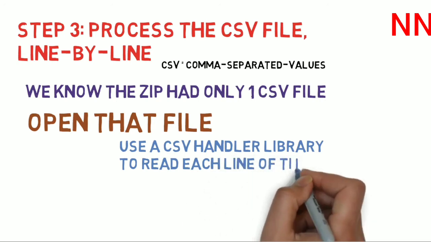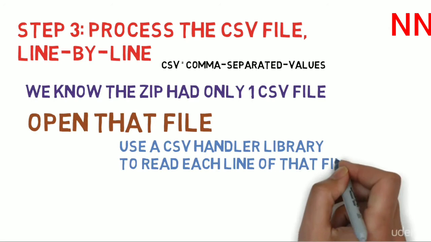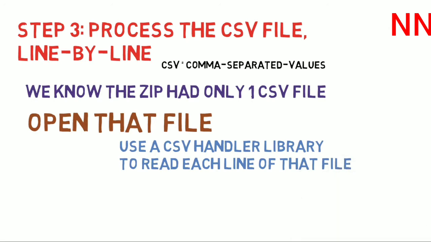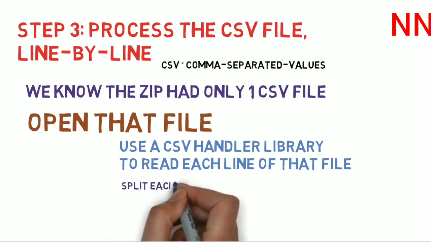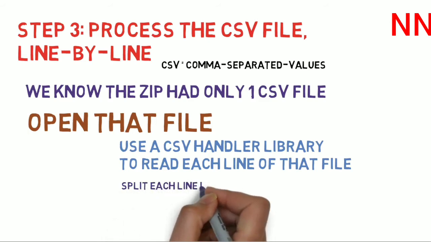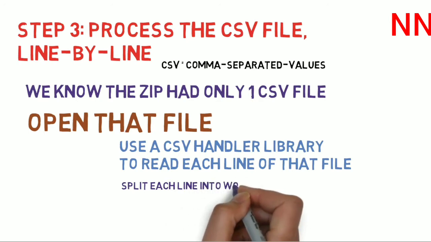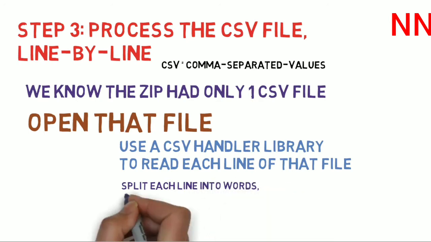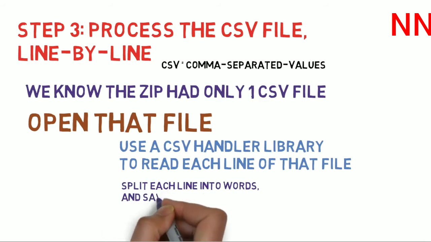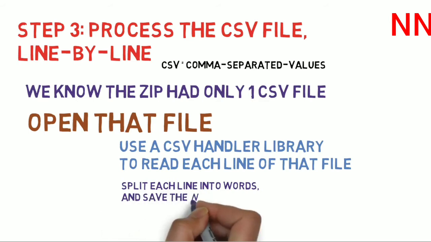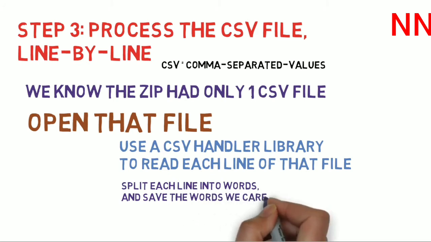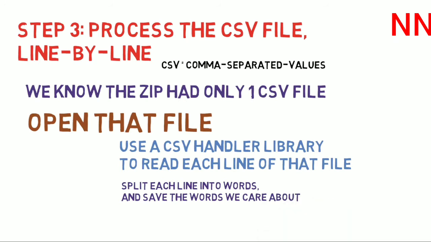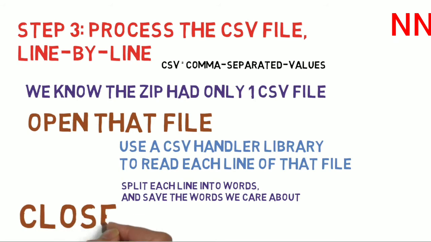Now, each of those lines will have a number of different data points, only some of which we care about. So we might only care about the opening price, closing price, and the number of shares that are traded, and not any of the other data points that are present in the file.